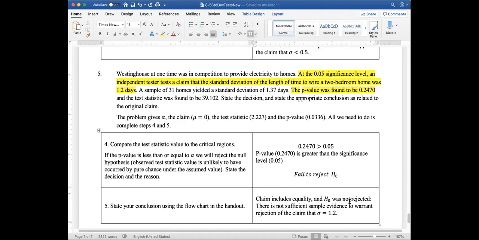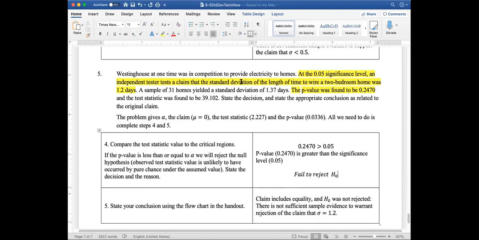I'm sorry, it was not rejected. And so we go down to that second set of words. There is not sufficient sample evidence to warrant rejection of the claim that sigma is equal to 1.2.